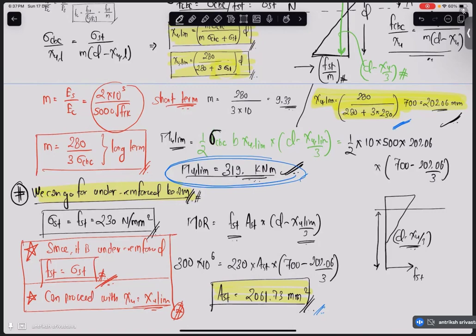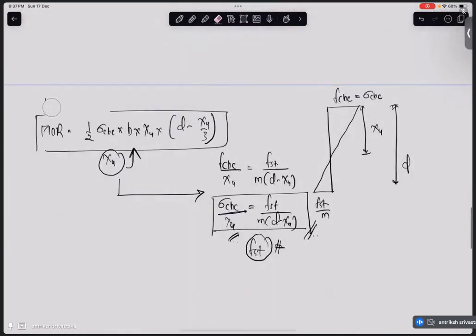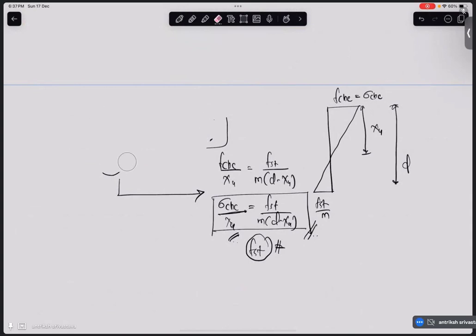Let's move on to the LSM part of our problem. So let me erase this, because we are going to need the space.